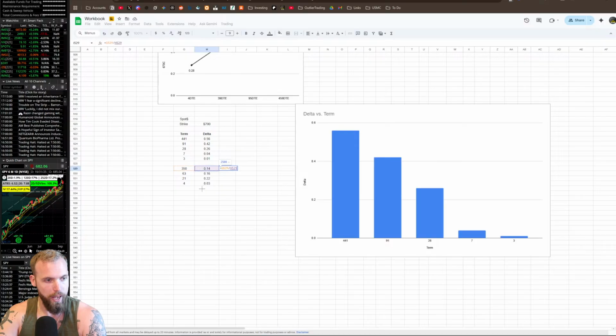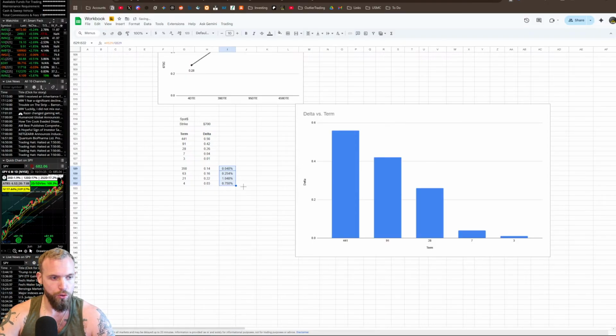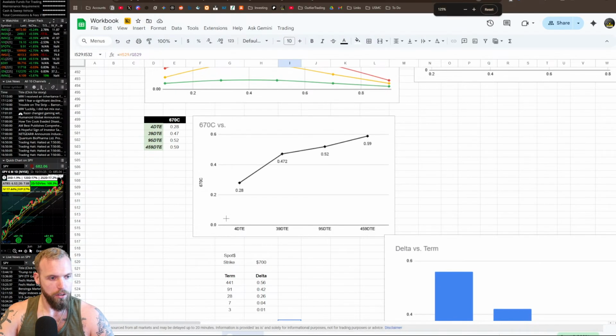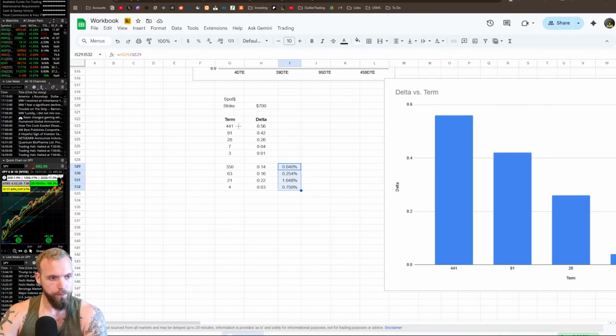You can do how much delta per day, or you can do delta by time. And then I'll turn these into percents just because it'll be a little bit easier to see. So what I just did here is normalize the rate of change of delta across these different terms so that then we can figure out where the acceleration is super high.